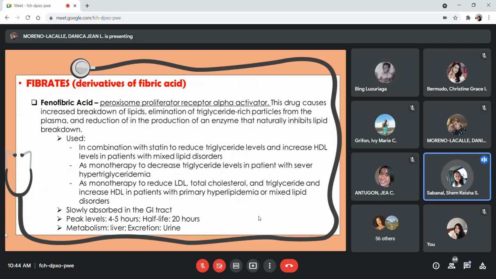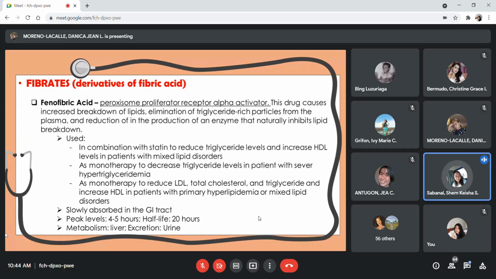Okay, so thank you, Doc. And for the last, under fibrates, we have our fenofibric acid. So, as I said earlier, guys, the mechanism of action of our fibrates is that it is a peroxisome proliferator receptor alpha activator, or an agonist. It's a PPAR alpha agonist. And PPAR alpha does lysis of fats.